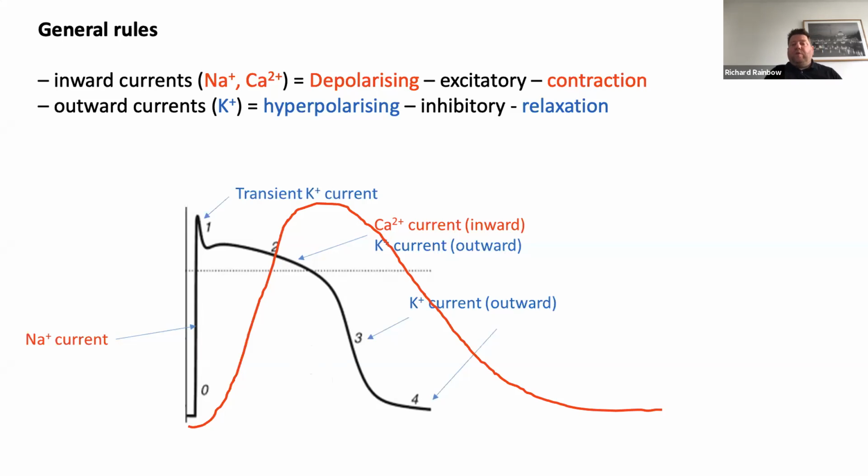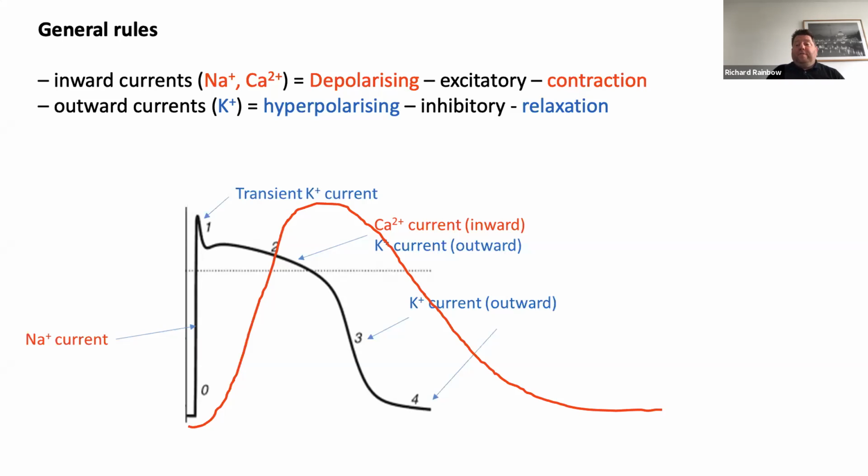If this channel is open to its fullest extent, it will even be able to stop this sodium current depolarizing in the first place, so you won't get contraction. So the ATP sensitive potassium channel in these cells, in conditions of severe ischemia, will open enough to completely stop contraction happening in these cells. That's why it's a protective channel.